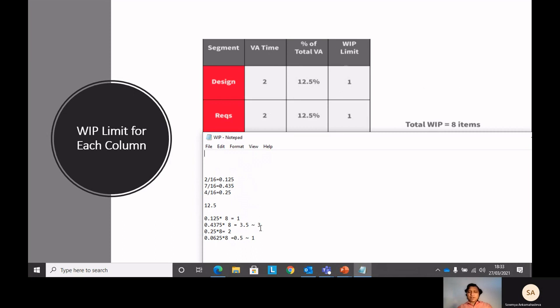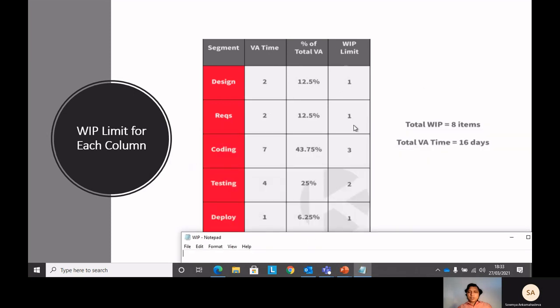Some might ask why it's not 4, why it's 3, so we'll see that also. Again, 0.25 multiplied by 8 equals 2. So this is how we have calculated the individual WIP limits of individual columns. So what we have seen is the WIP limit of the complete board and the WIP limit of individual columns.